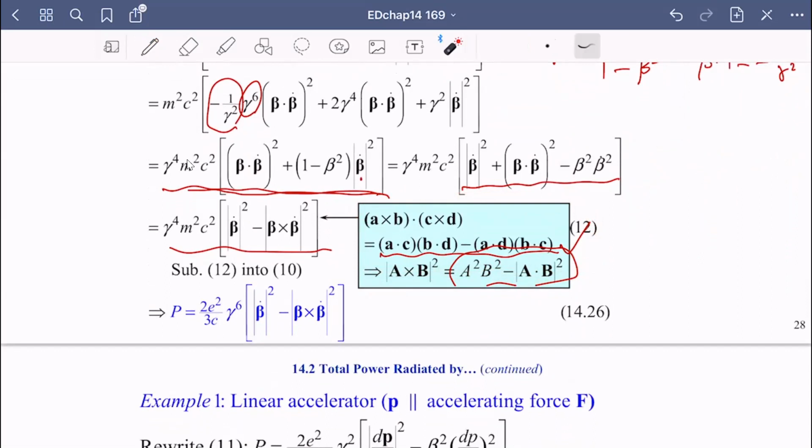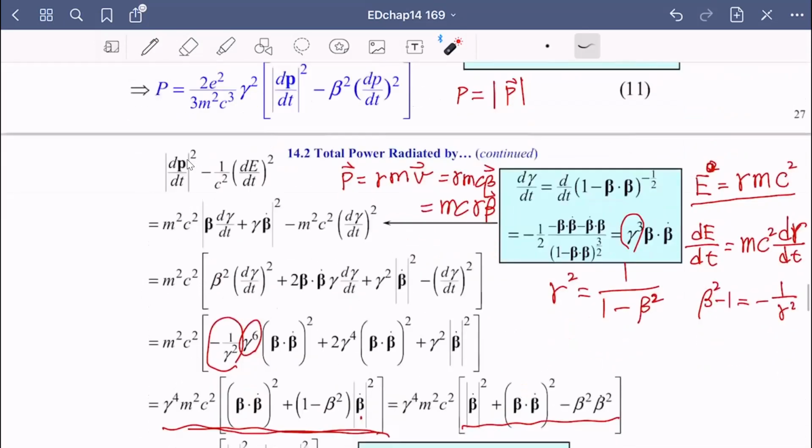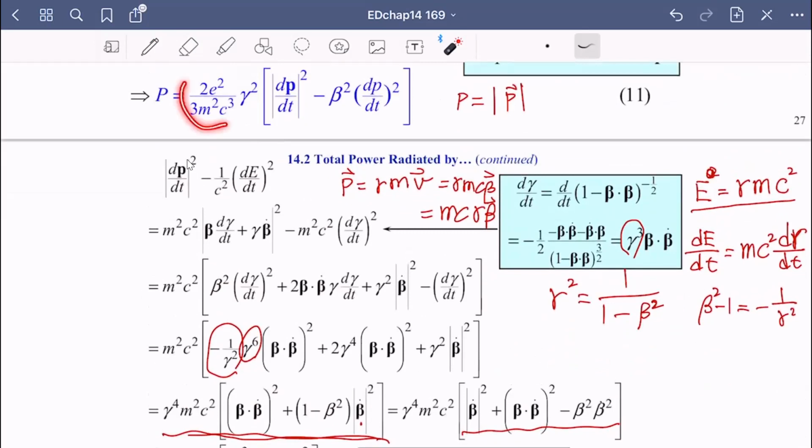So I can see the symbol, the slide easily in the iPad, but it's not correctly shown in the notebook. And then substituting everything to here, we have another expression. Another expression again. Okay, together with this one.